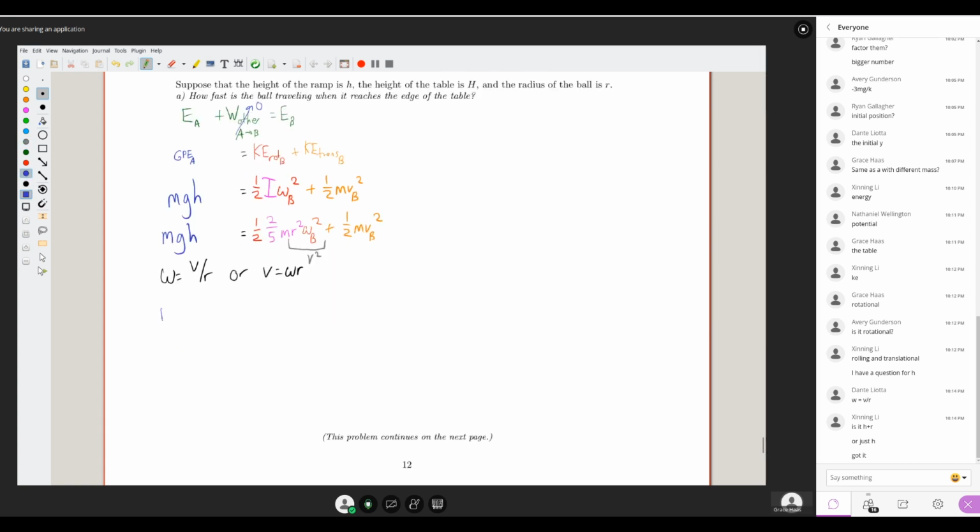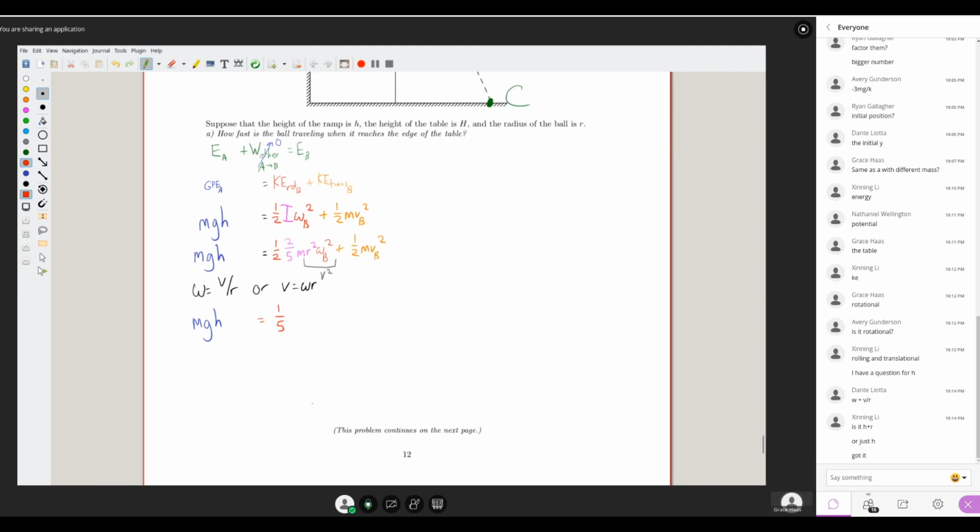So this becomes mgh equals 1/5, because I did 1/2 times 2/5, times m v squared, plus 1/2 m vB squared. I can cancel all the m's. That's nice.